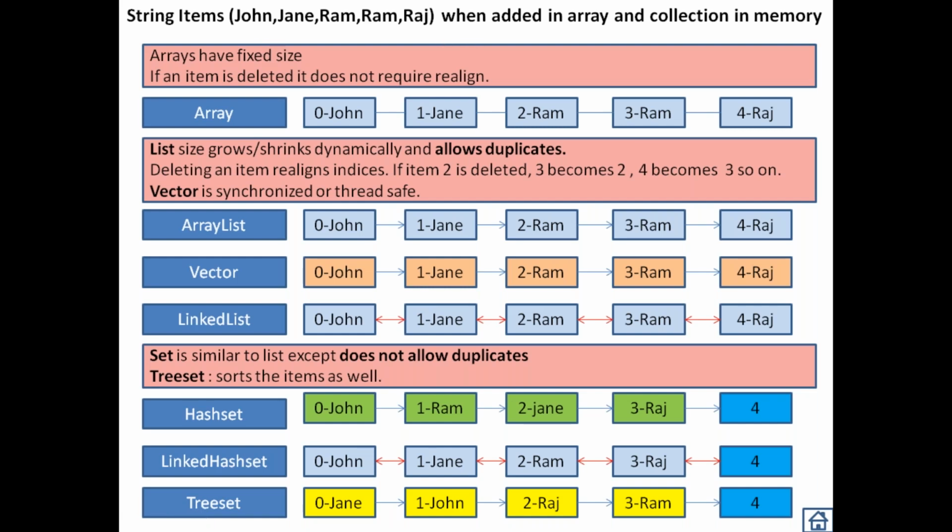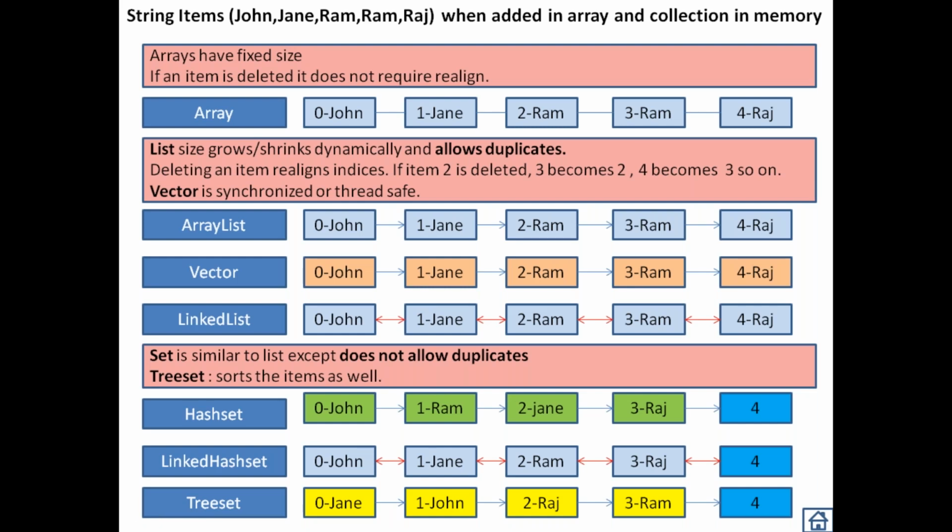Yes. How about tree set? Alphabetical. It is sorted. Jane first, then John, then Raj, then Ram. So every collection in list and set has a unique feature that will help you to solve a specific problem.